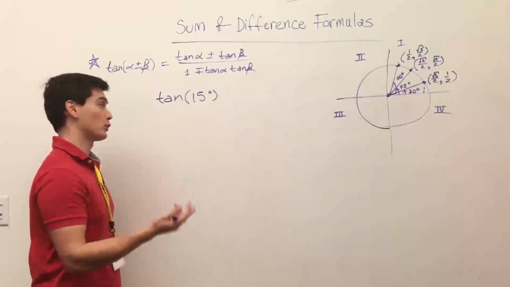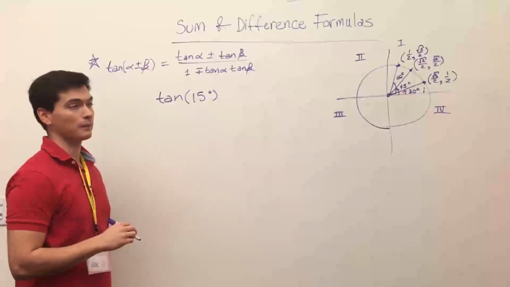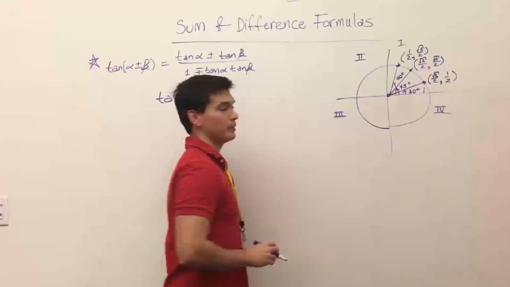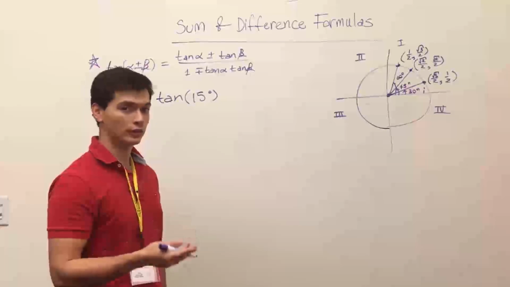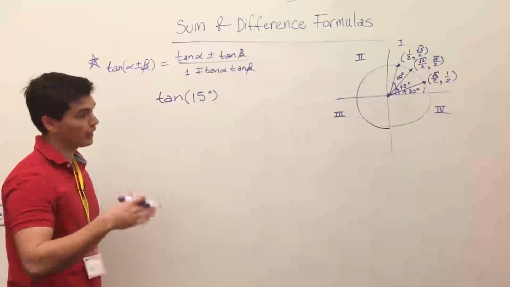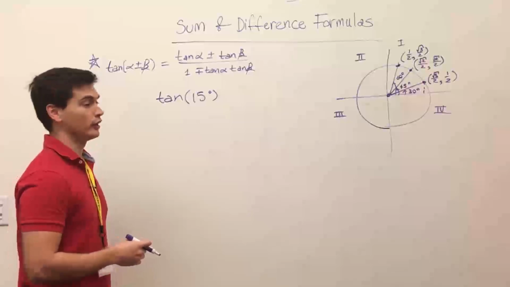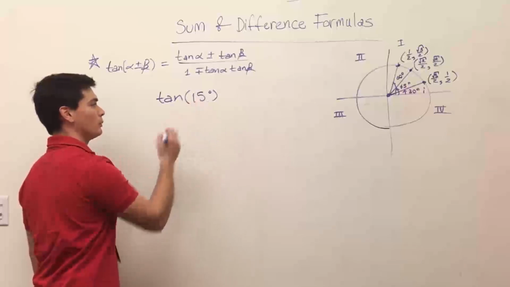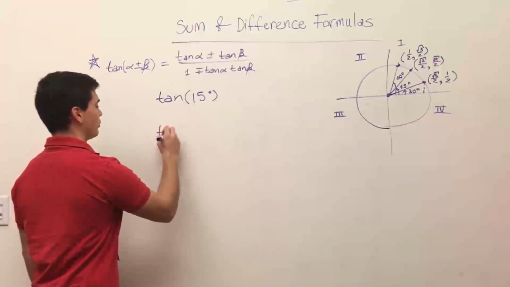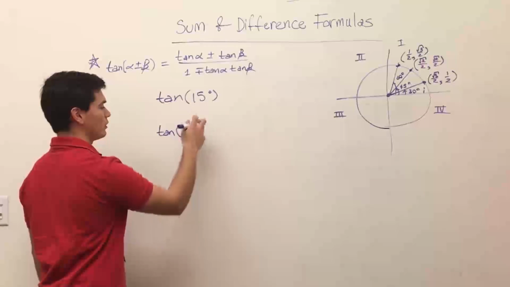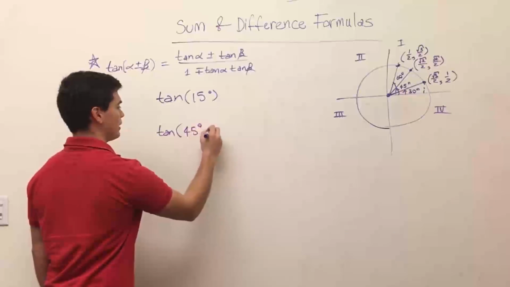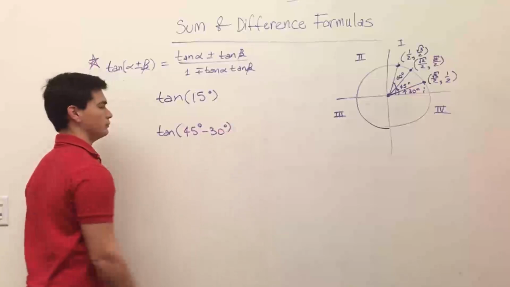Just by looking at the unit circle, if I take the difference between 45 degrees and 30 degrees, I end up with 15 degrees. That's the likely expression that you will be substituting in the argument, which is the number inside the parentheses. So we will re-express 15 degrees as 45 degrees minus 30 degrees.